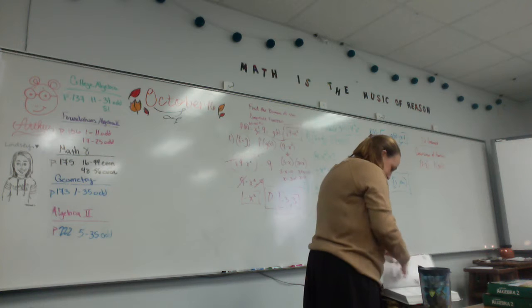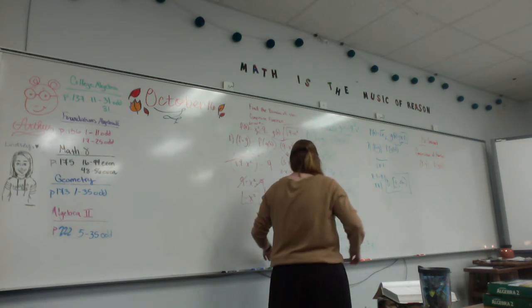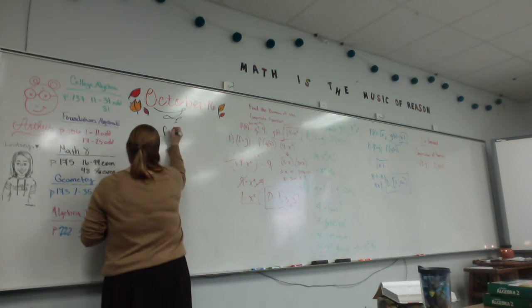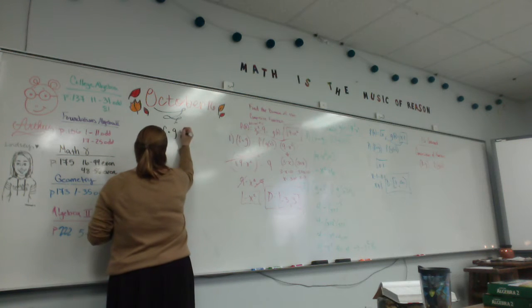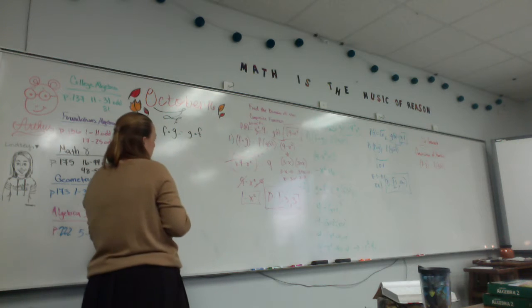Okay. And then the last thing we need to look at is what happens if a function of a function equals itself. So what happens if they want us to prove that f composition g equals g composition f? Okay?